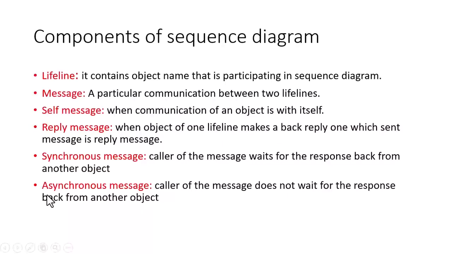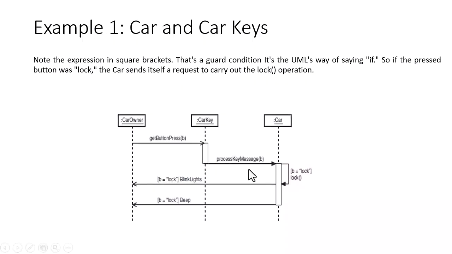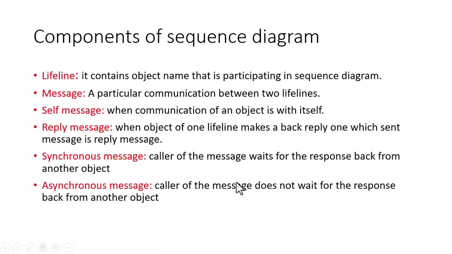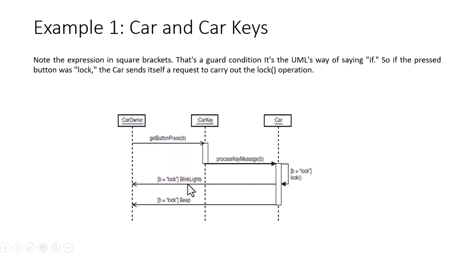This is not a reply message. This is the forward message from car to owner. That is, two instructions are sent. One instruction is the blink lights, the light blinks, which indicates the car is locked, and the beep sound. So the car owner is informed in this way.